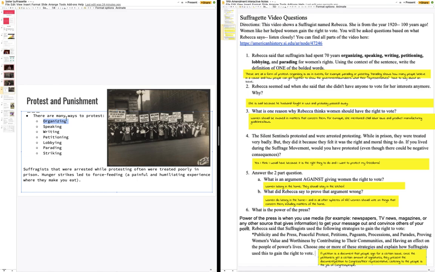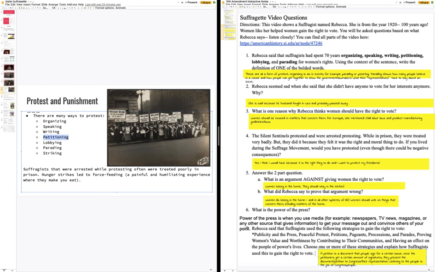You might organize an event like this parade or picket line. Speaking, you'll talk about things. You'll debate with people. You'll say, hey, let's have a conversation. Let's try to convince them of our point. The same thing with writing. You would write to someone and try to convince them of your point. Kind of debate what is going on and why you're right.